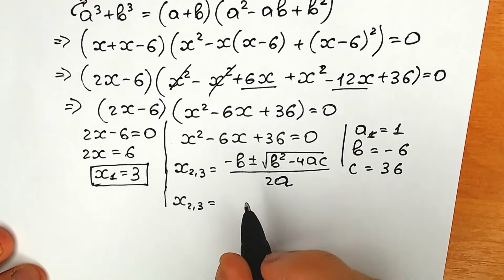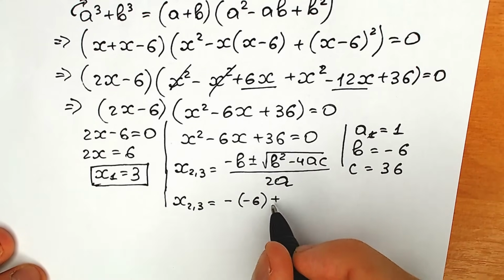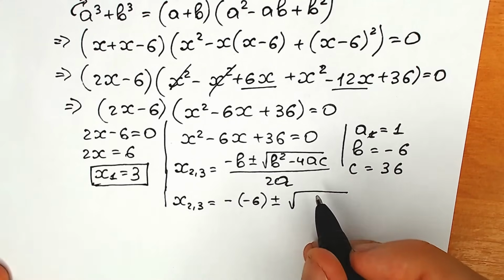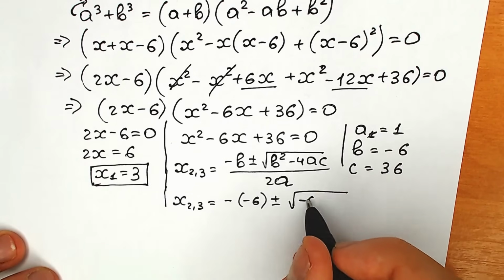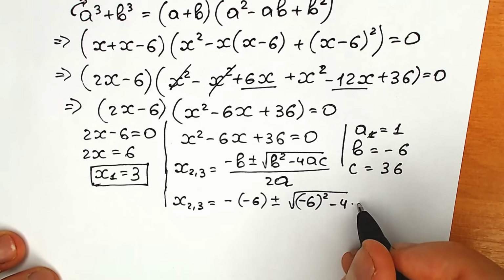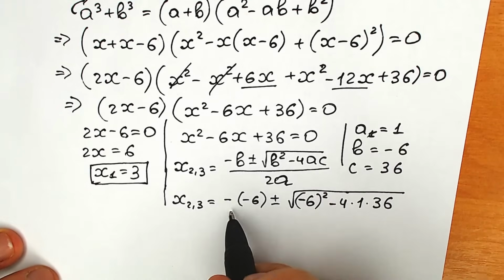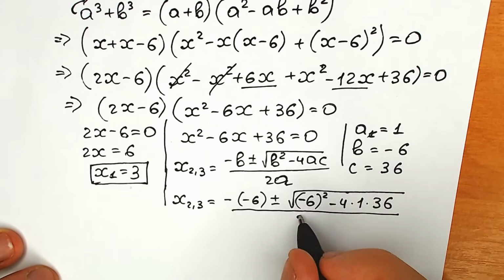X second and third equal to minus b, so minus minus 6, plus minus the square root of the discriminant, the square root of minus 6 squared minus 4 times 1 times 36. Okay, so this is our discriminant, and we divide all of the thing by 2 times 1.